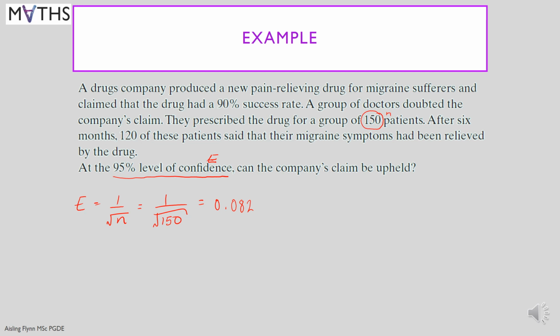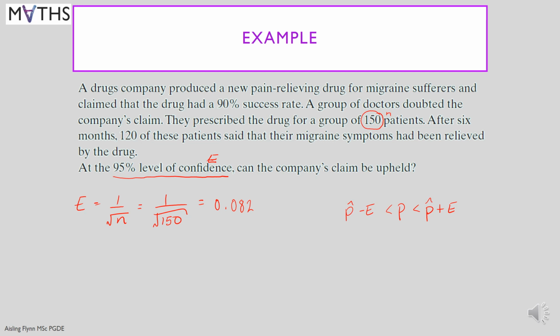Now next we need to create an interval. And the purpose of this interval is to see, does it agree with the claim of 90%? Remember, your interval is the sample value minus your error and the sample value plus your error, so the true proportion would lie between those two values.